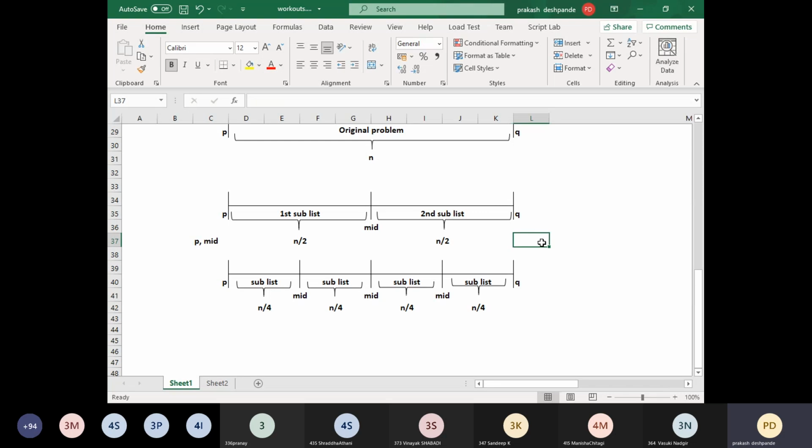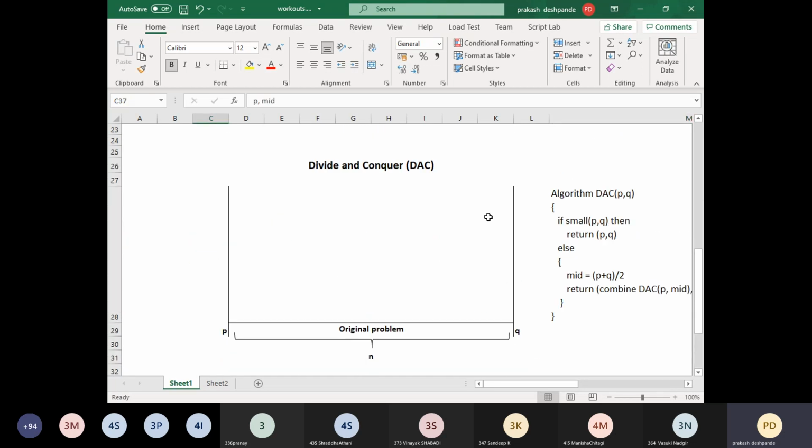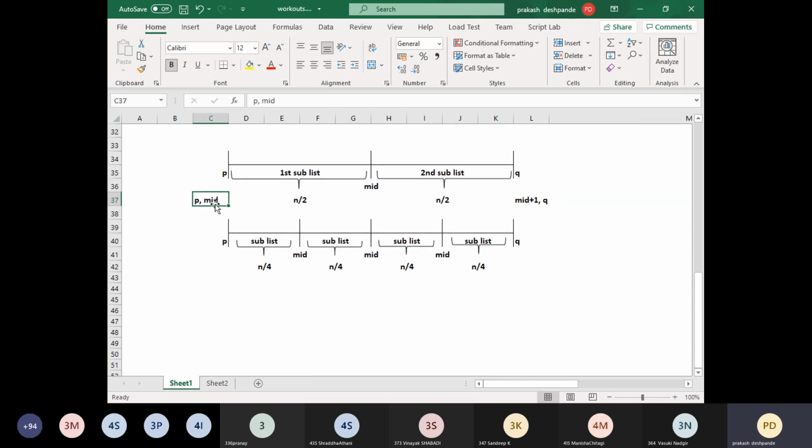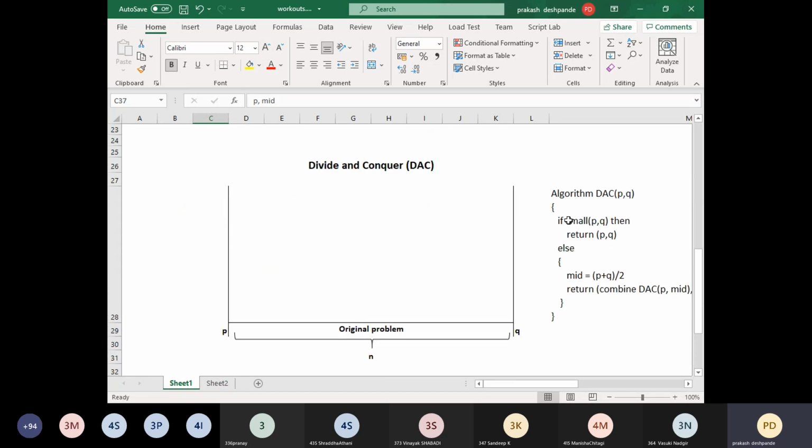On the other hand, the new value of P will be mid plus 1, and the Q value will remain as Q itself. With these values, we are calling the DAC function, the algorithm, once again. And are we getting a solution with this P and mid? If yes, it means that problem is a small problem, and we know the solution for that.